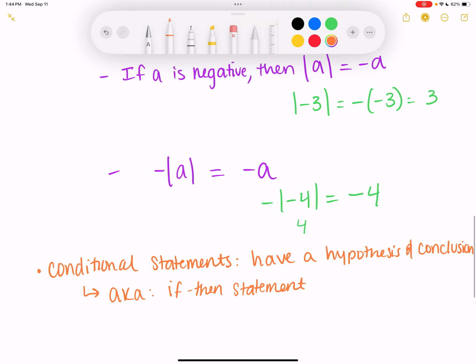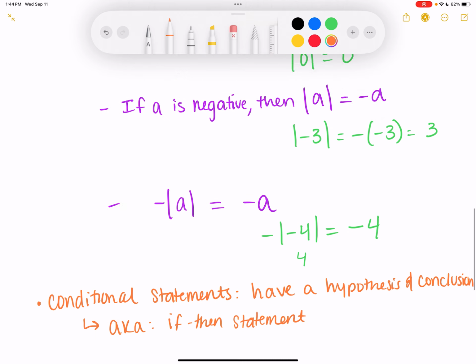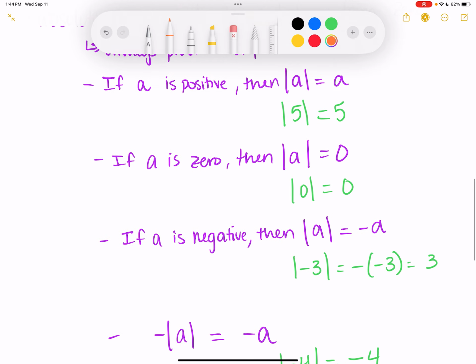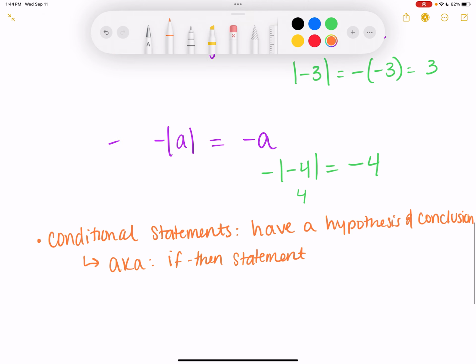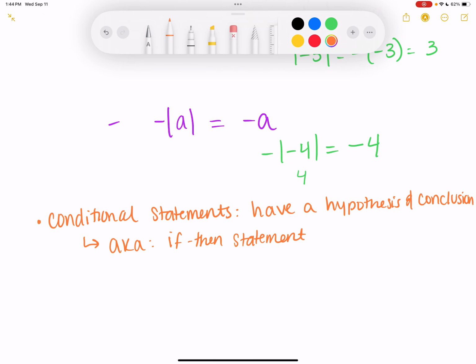So all of these statements that I wrote up here in purple are conditional statements. If A is positive, then the absolute value of A is equal to A. Those are all conditional statements. So I'm going to rewrite one of these down here so that we can look at it.